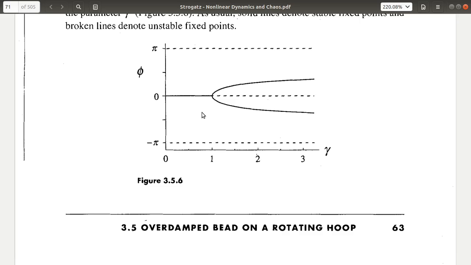So physically, what does it say? When gamma is less than 1, there are only 3 fixed points, and the fixed point at phi equal to 0 is stable, and when I cross 1 it becomes unstable.